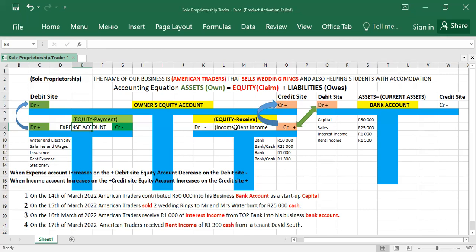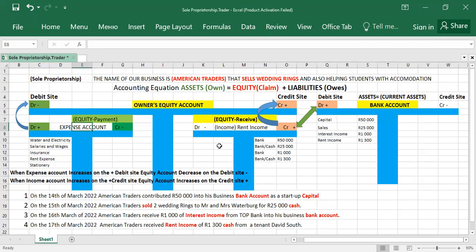Now, let me explain what is an income. Income is the revenue. Income is the revenue a business earns from selling its goods and services, or money received especially on a regular basis for a work or through investment.